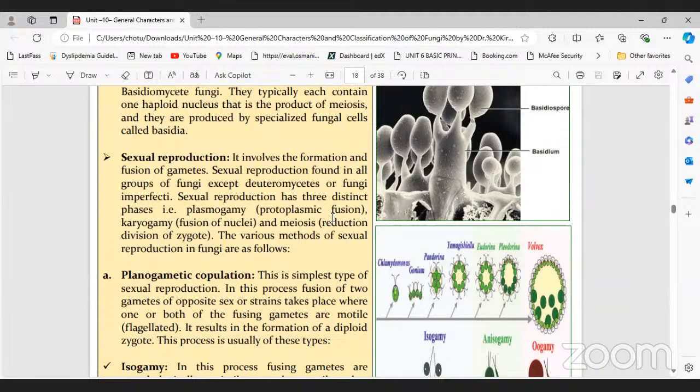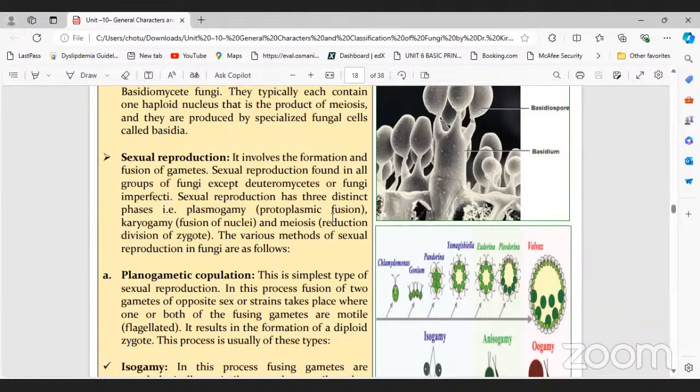Next one, the sexual cycle of different fungi may vary due to variation in timing of the above events. In many Ascomycotina and most Basidiomycotina, plasmogamy and karyogamy are separated in space and time. The compatible nuclei do not undergo karyogamy immediately after plasmogamy, but remain paired and called a dikaryon.